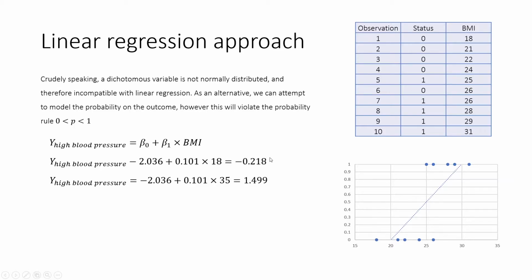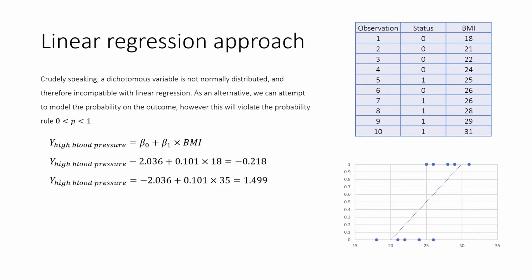Namely, I got a value of minus 0.218. And negative probabilities in the basic principles of probability don't exist. And the same thing holds for when I used a very high value for BMI, 35. I got a probability that exceeded 1, which is also not possible.